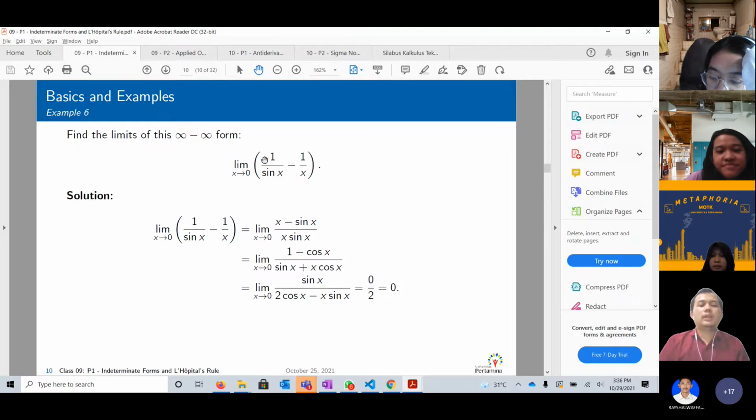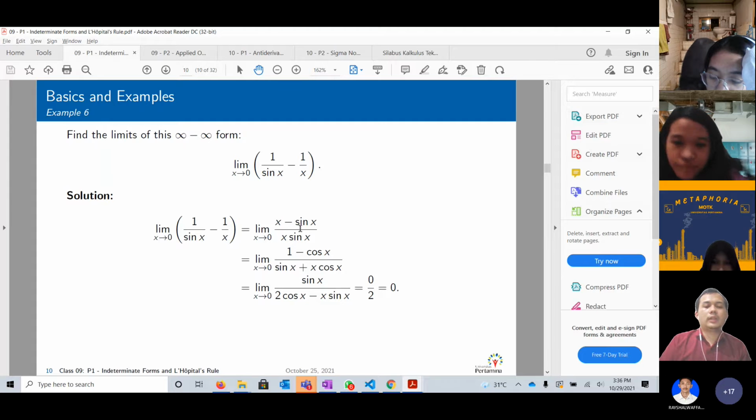Sehingga di sini kita punya tak hingga minus tak hingga. Then we rewrite the limit. Kemudian kita tulis ulang, kita samakan penyebut, ya. Then now if we substitute 0, we have 0 over 0, ya. Jadi kalau kita masukkan 0 di sini, sekarang kita punyanya 0 per 0.